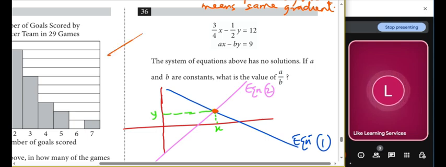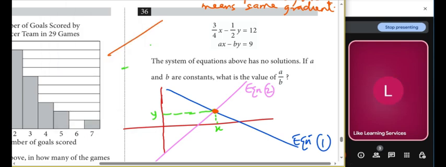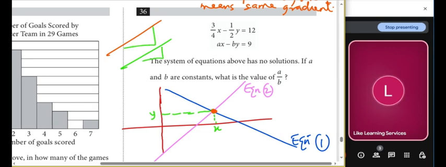If they have the same slope, then it means they are running in the same way, such that they will never meet when you extend on both sides. If they will never meet, they can never intersect. For the two equations never to meet, they must have the same slope, same gradient. The red line and the blue line, as a matter of fact.